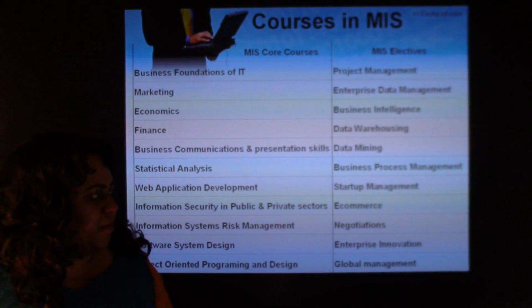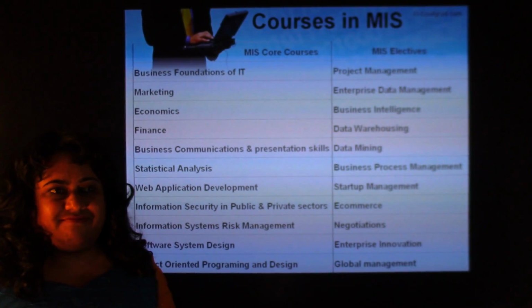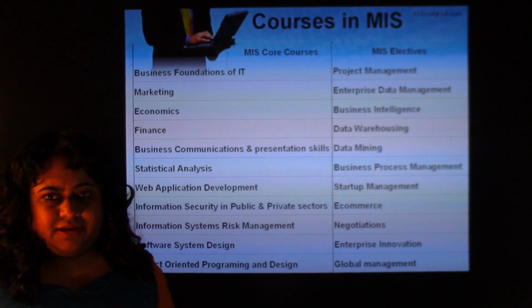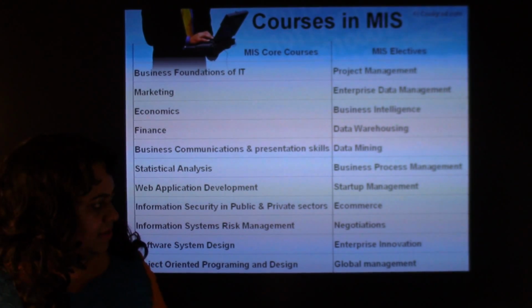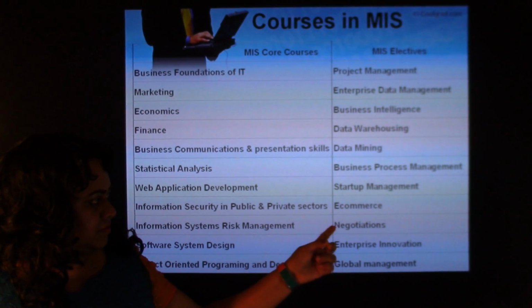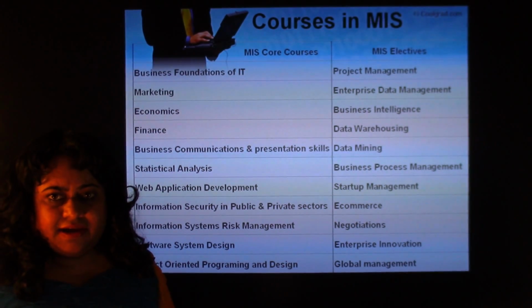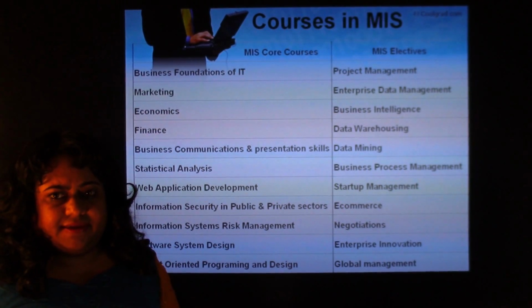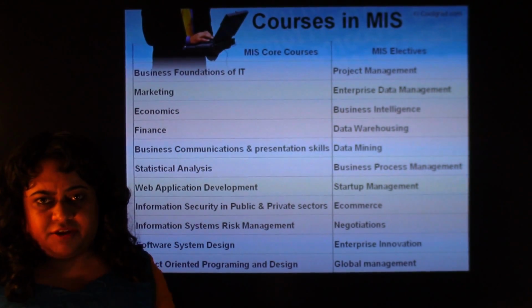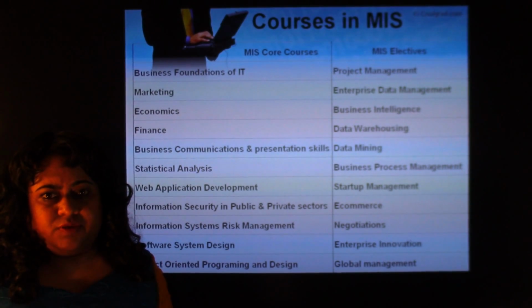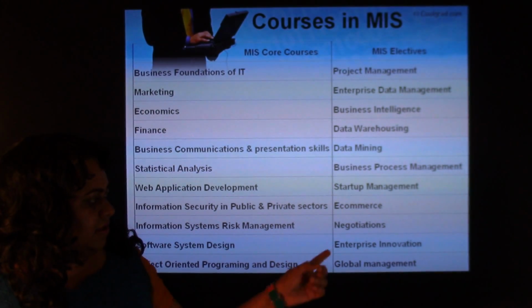E-commerce. It's about how you do business online and what it implies, and all the details that go into it. Negotiations. It's about how you communicate with different stakeholders to push your proposition across and get what you want, so you get a win-win situation.